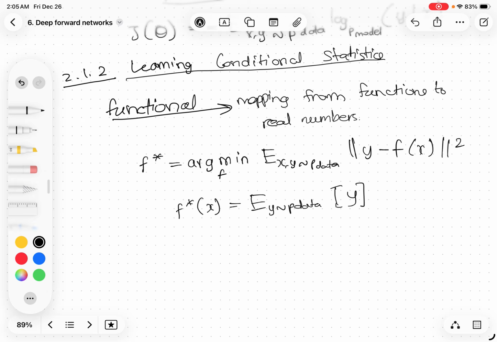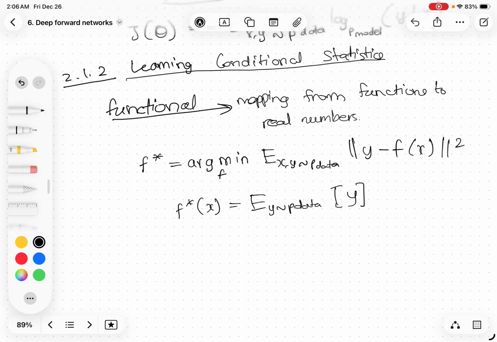Basically, if we could train on infinitely many example samples from the true data generating distribution, the mean squared error cost function gives a function that predicts the mean of y for each value of x. Different cost functions give different statistics.